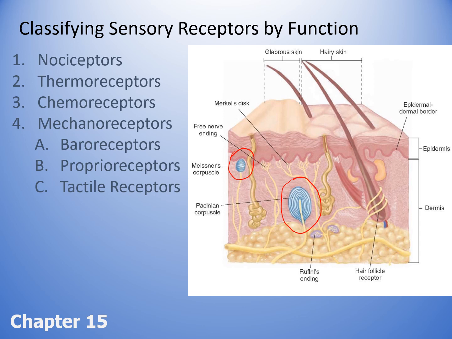These are tactile receptors. They're very specific in what kind of touch they sense. And that's why they have these corpuscles on the end of them. It's just a very specific ending, and it makes that nerve very specific to what it senses. And again, they are all in the dermis.